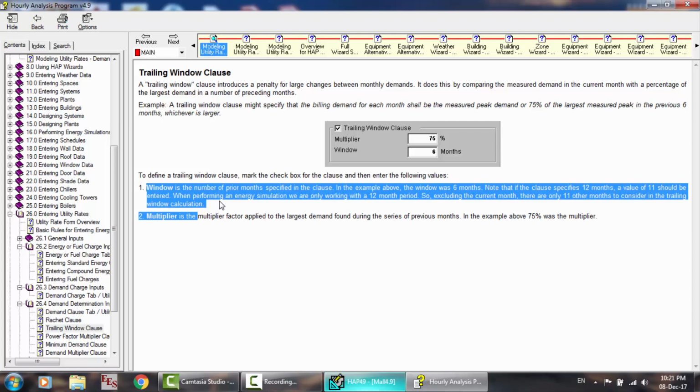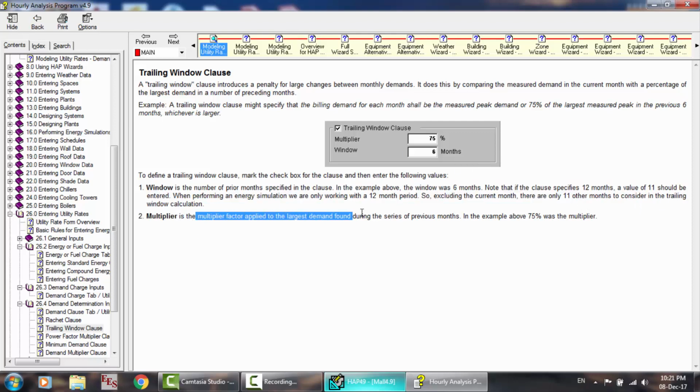When performing an energy simulation, we are only working with a 12-month period. So excluding the current month, there are only 11 other months to consider in the trailing window calculation. Following that, the multiplier factor is applied to the largest demand found during the series of previous months. In the example above, 75% was the multiplier. Okay.